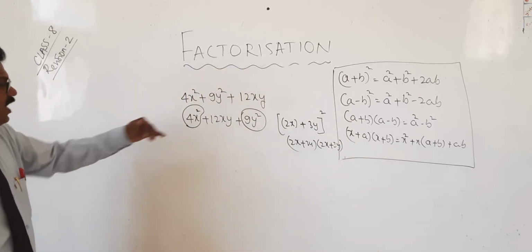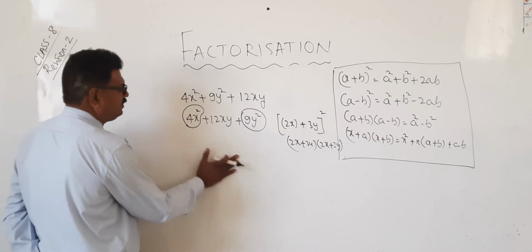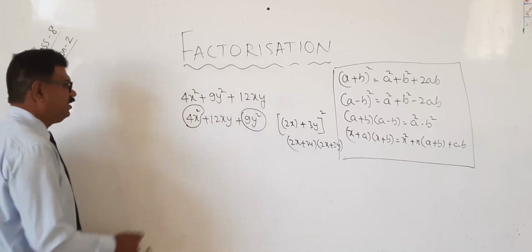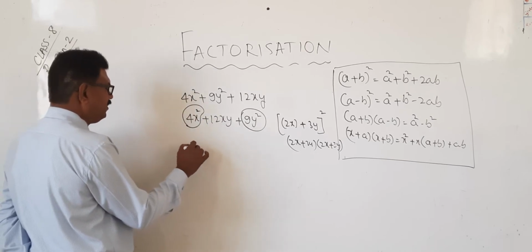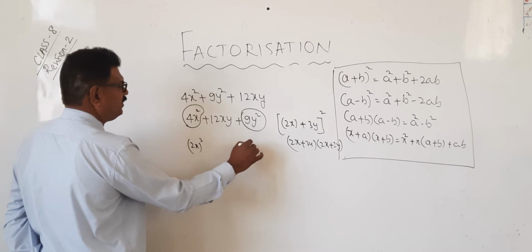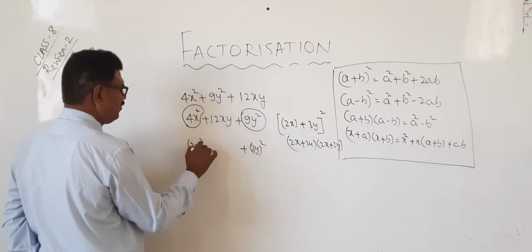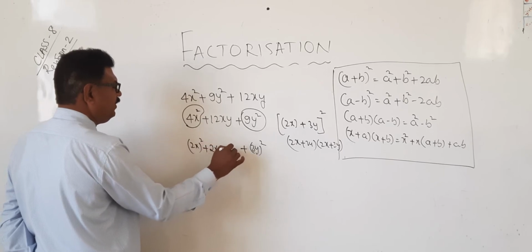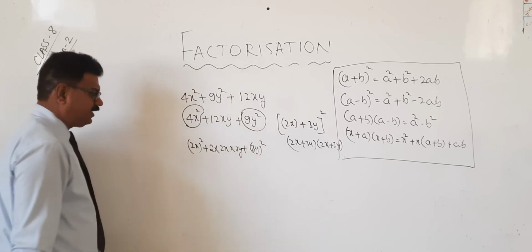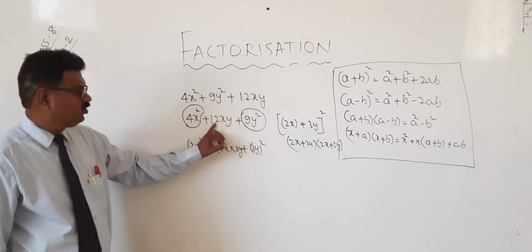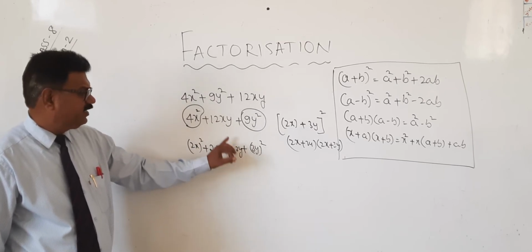Okay? Now, when you are doing the same problem for a 2 marks question, how to do this? Very, very simple. First write in this form: 2x whole square plus 3y whole square plus 2 into a, which is 2x, into b, which is 3y. You can see 2 2s are 4, 4 3s are 12, x into y equal to xy.